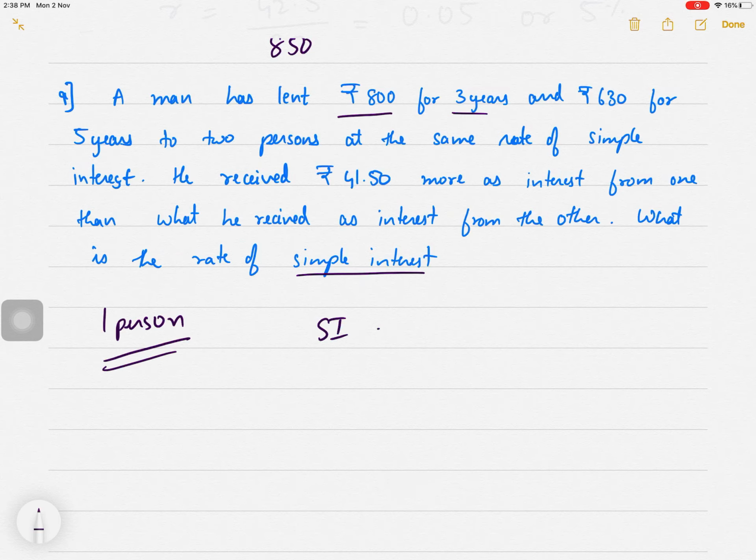So simple interest is equal to P into N into R. P is 800, N is 3 years, and R you don't know, so I'll write R as it is. 800 into 3 comes to 2400. So for the first person, simple interest is equal to 2400 R.